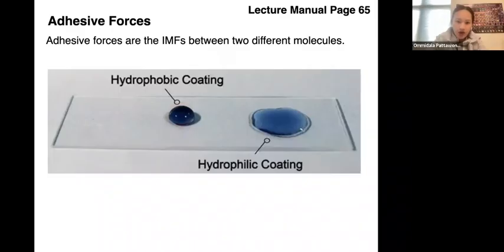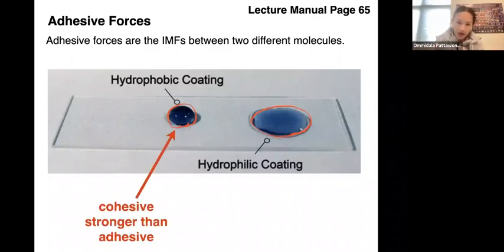The shape of the liquid on the surface depends on the relative strength of the cohesive force and the adhesive force. As you see in this picture, if a drop of water is put on a hydrophobic coating, it forms a spherical shape, whereas on a surface with a hydrophilic coating, it spreads out.